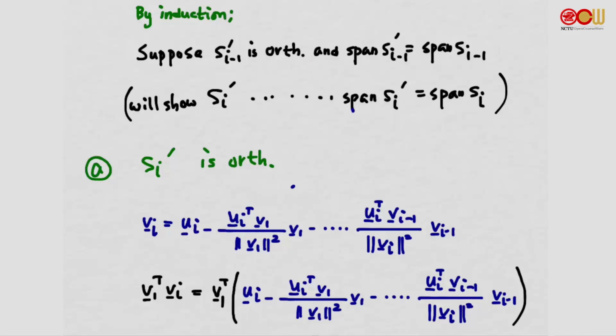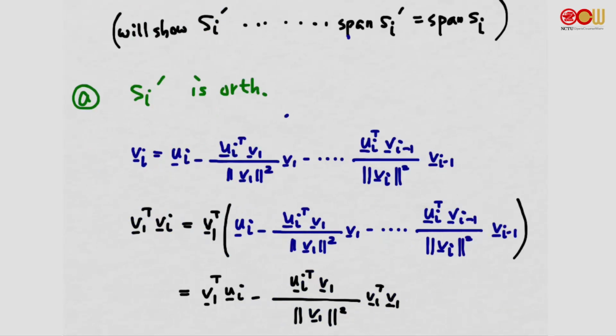So we form the dot product V1 transpose Vi, and then this is what we get. Although there are so many terms, only one term will stay, which is the term of V1. All the other terms will go away, only this term will stay.